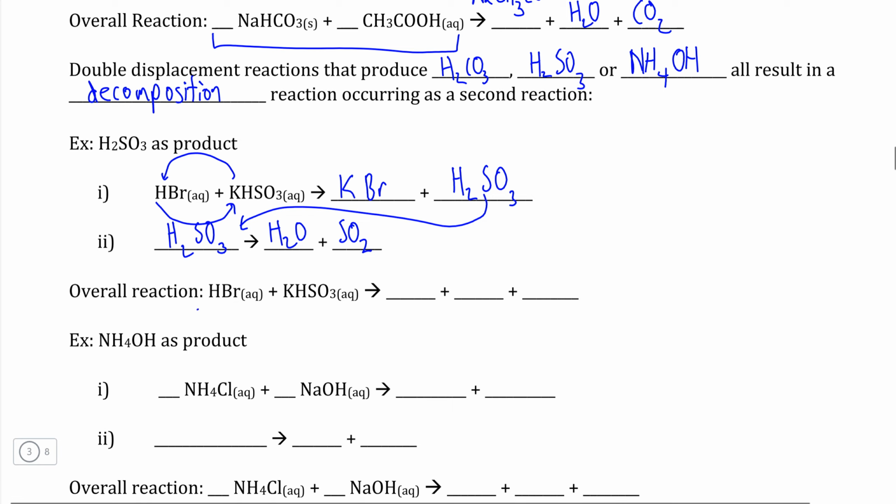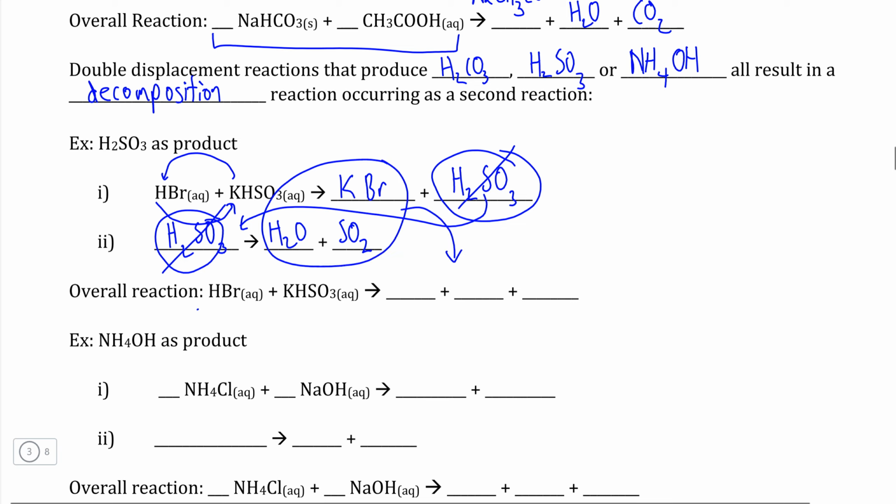So from here, because this acid is a product in the first step, but then is immediately consumed as a reactant in the second step, it doesn't actually appear in the overall equation, and all we need to do is add all of our products together in order to get the final reaction. So KBr from our double displacement reaction, sulfur dioxide, and water from the decomposition reaction after.